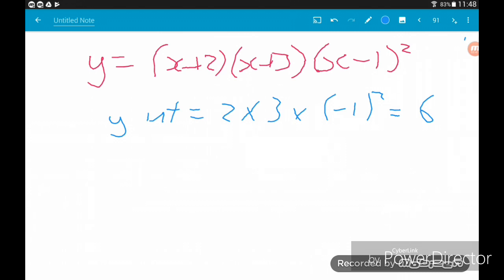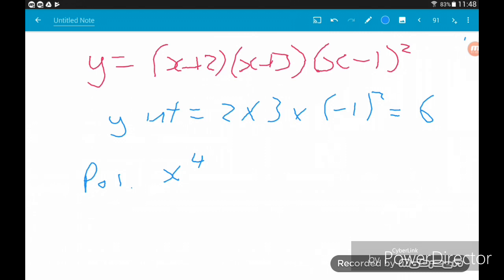In terms of the x to the power 4 term, we get x times x times x squared, so we've got a positive x to the 4. So our graph starts top left and ends top right. Now we just need to find the solutions for the x-intercepts.